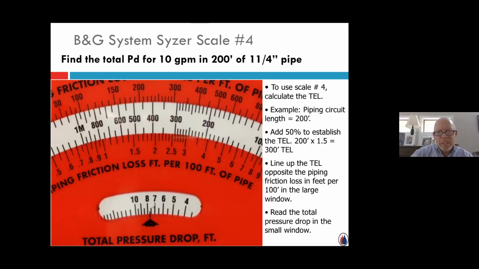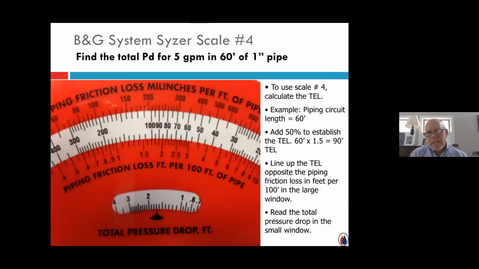Now I'm taking my 300 feet over here in the white band, lining it up opposite the pressure drop, which we established was 2.6 on scale 2. And then I look down here and I say, okay, my total pressure drop is going to be just under 7.5, 7.7 feet of head. So call it 8 feet of head. So that's how I use scale 4. It becomes a calculator of the total length of the run.